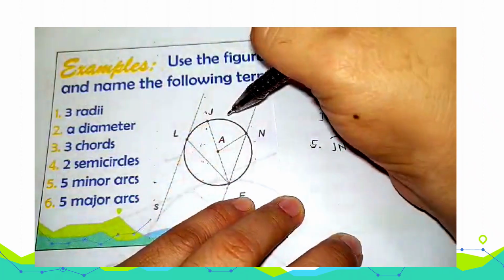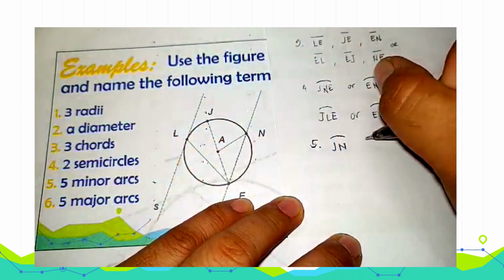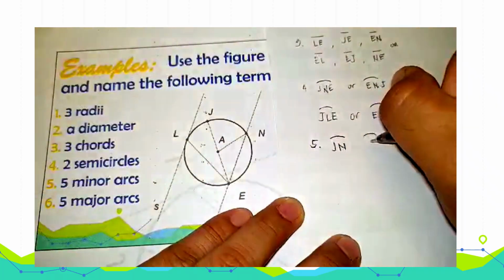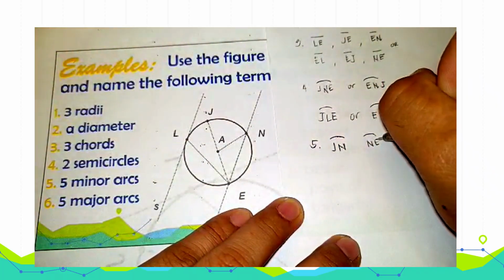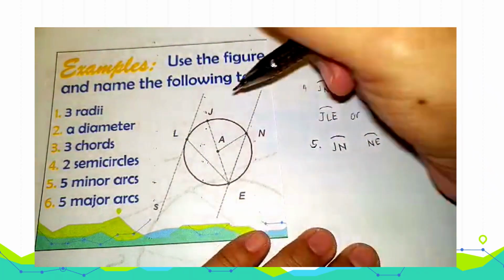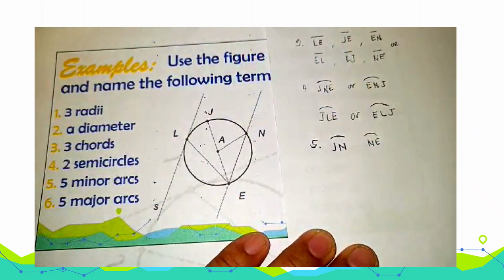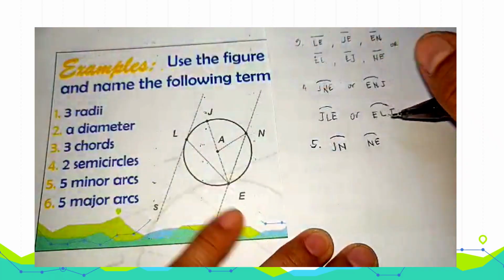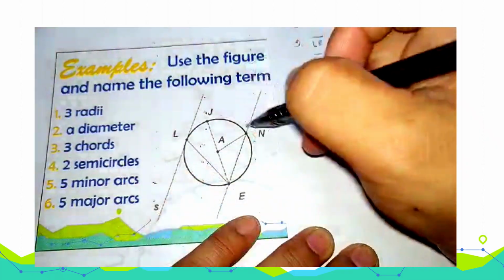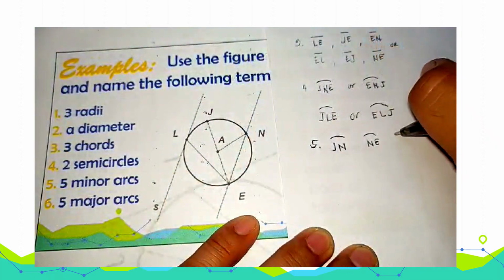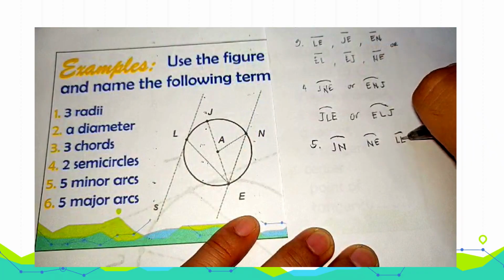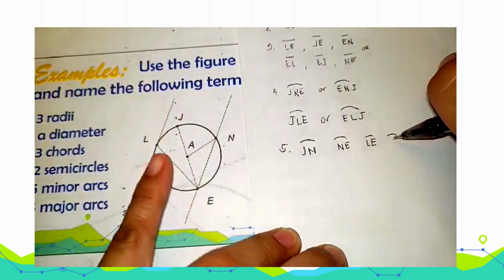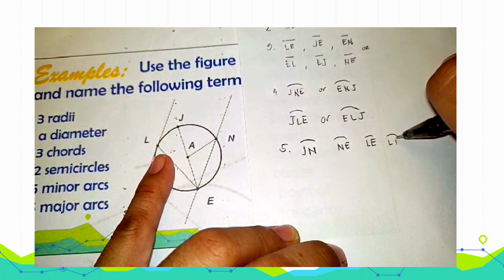Just JN since we don't have a point here. Minor arc. Arc NE. There should be a middle point here, but since it's not given, let's consider arc LE or EL, arc LJ.